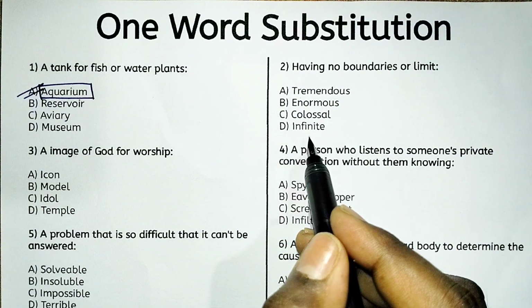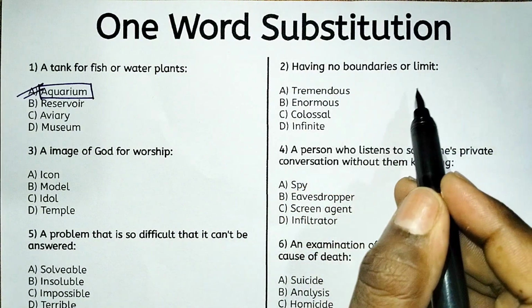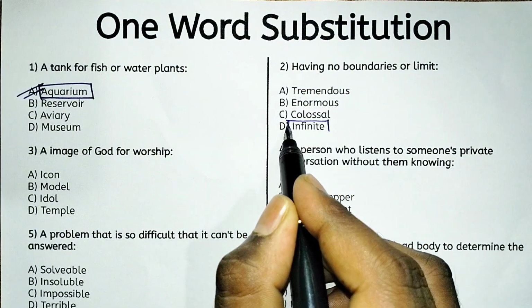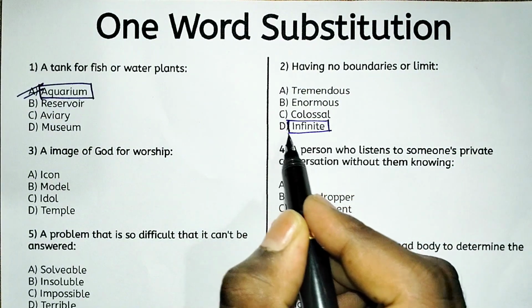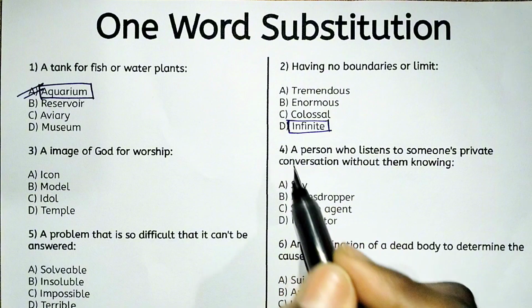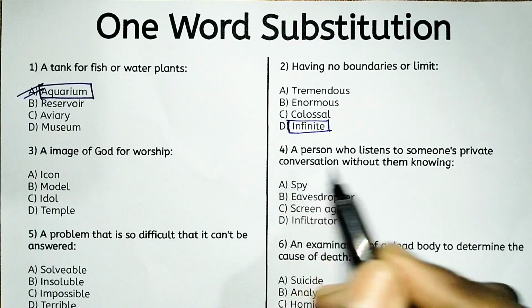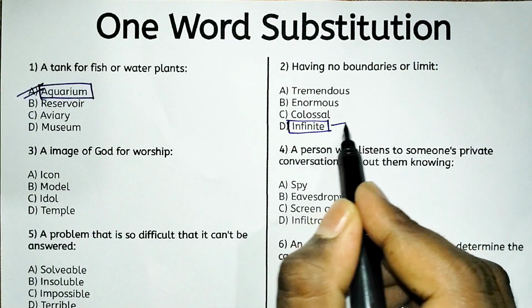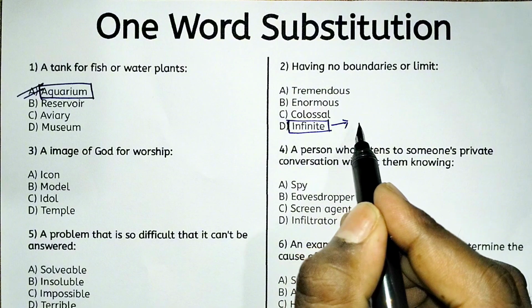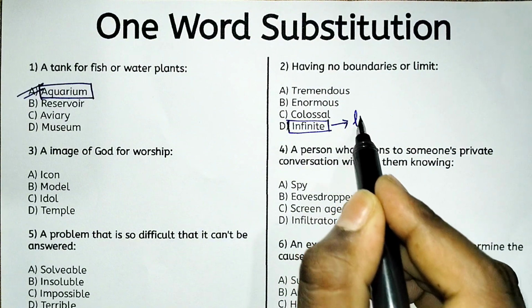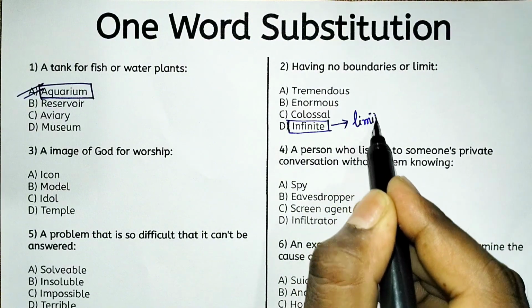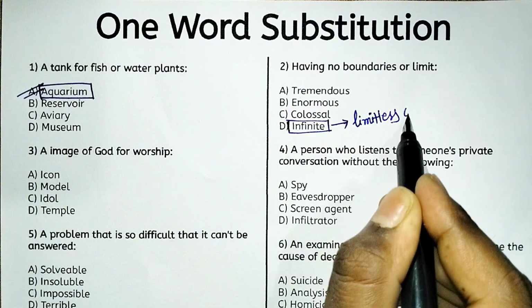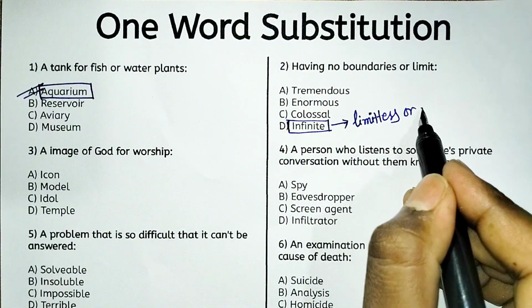So having no boundaries or limit, that is option D, infinite. Infinite means limitless or endless.